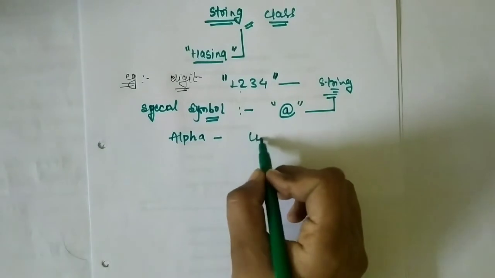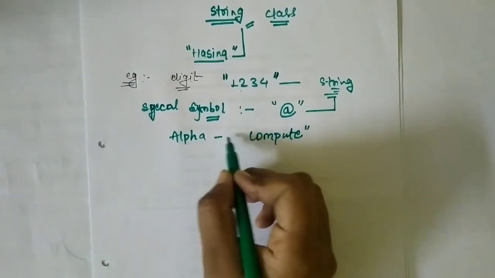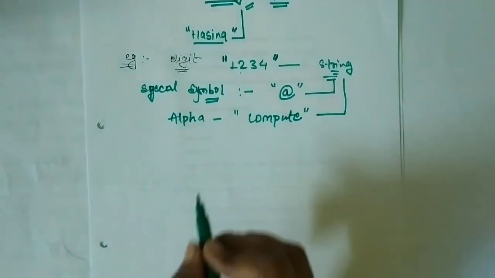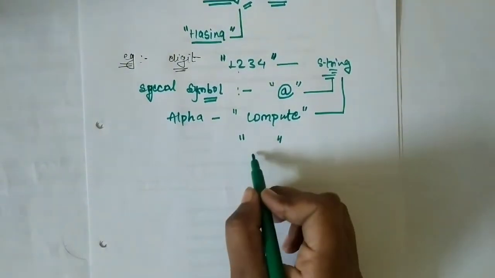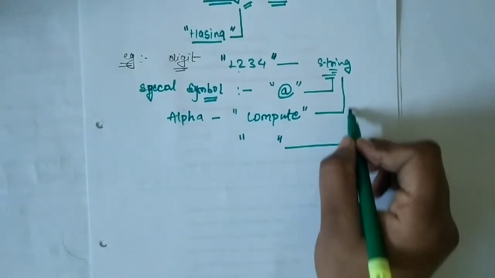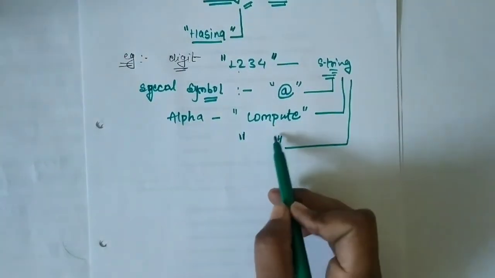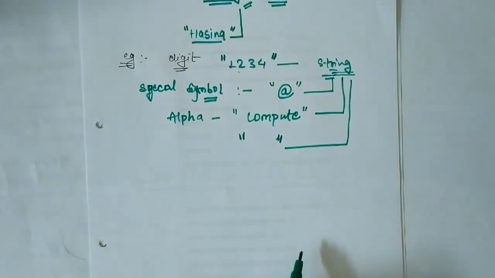Suppose I write here computer within double quotes. This is also a string. Next one is nothing, that means only double quotes. Here I have written a blank space, so this is also a string. A string means anything between double quotes. These are the examples of a string.